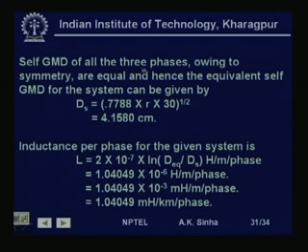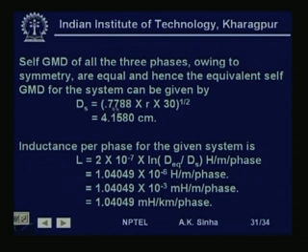Now, the self GMD of all the three phases owing to symmetry are equal, that is, each conductor has the same radius and the distance between the two conductors of a bundle is same, that is 30 centimeter. So, therefore, the Ds for each phase conductor is going to be equal to r dash, that is 0.7788 into r for the conductor, into 30 centimeter, which is the distance between the two conductors of the same bundle.